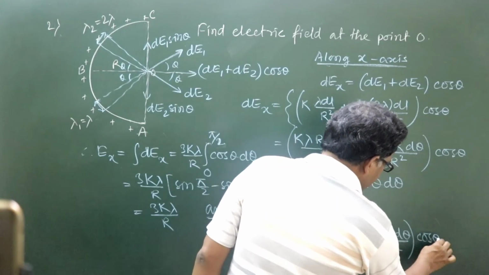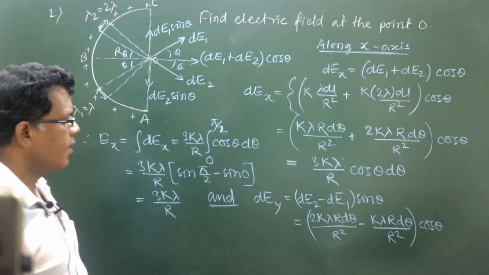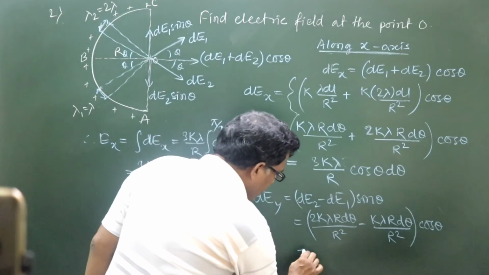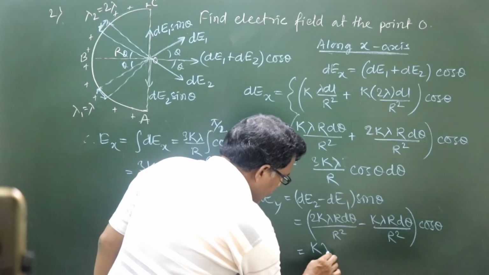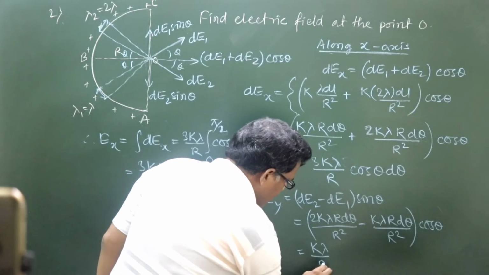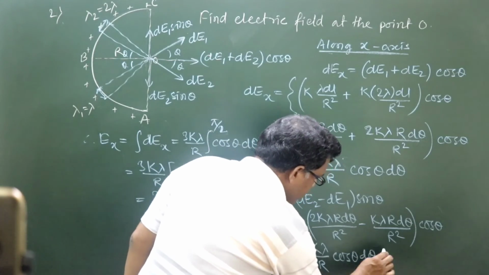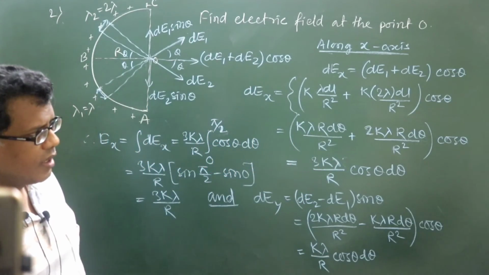Are you getting it? So this time it can be subtracted and finally dEy will be k lambda by r into cos theta d theta. Yes or no? Could you follow this?